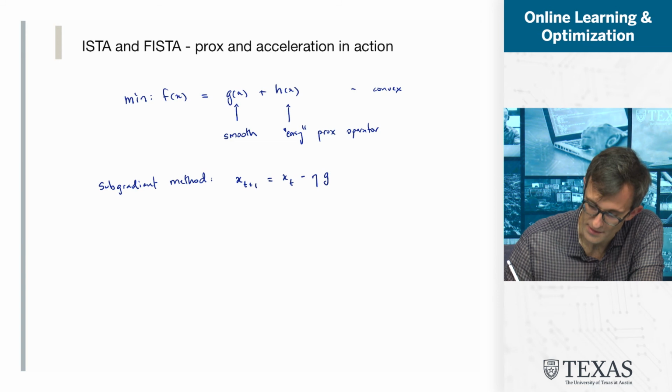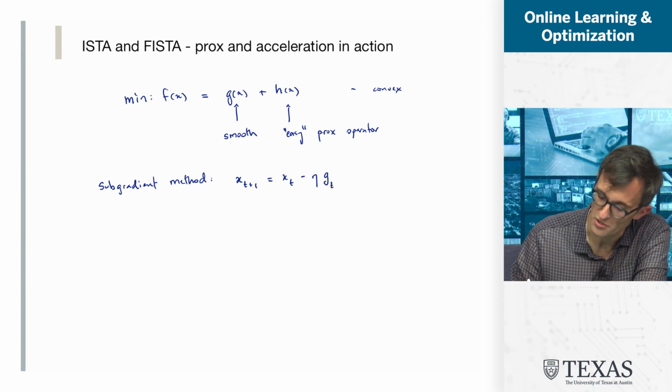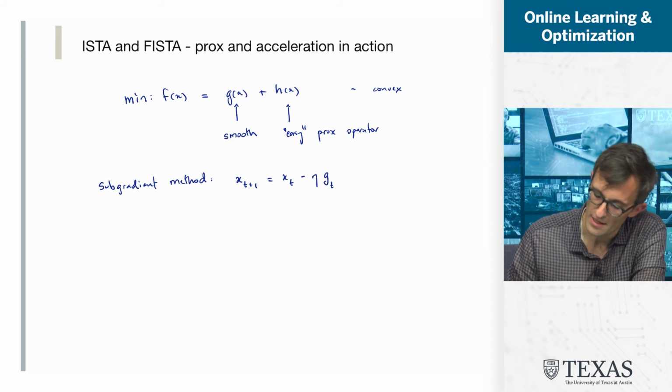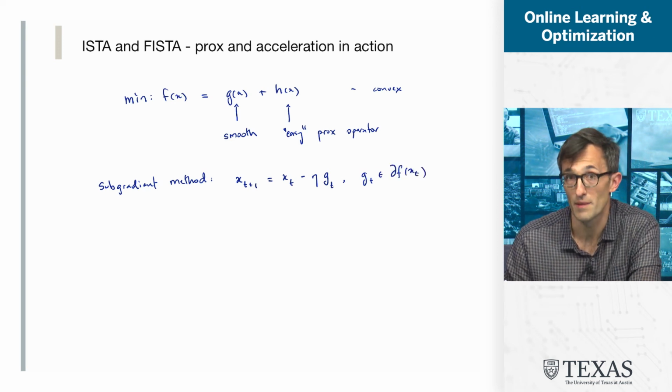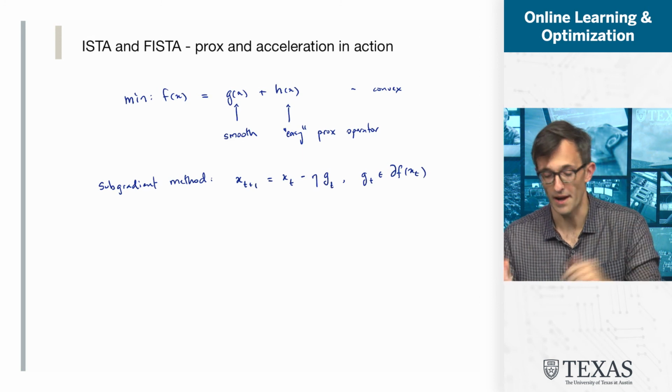I think this is overloading notation a bit, but it's pretty standard notation, so hopefully it'll be clear. Minus g_t, where g_t is some element of the subdifferential of f at x_t. This is the subgradient method, and I could just apply it directly to f.